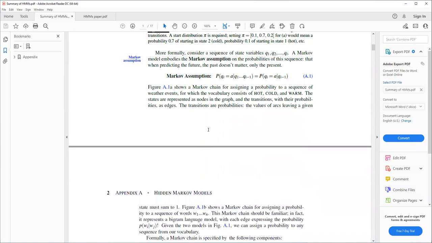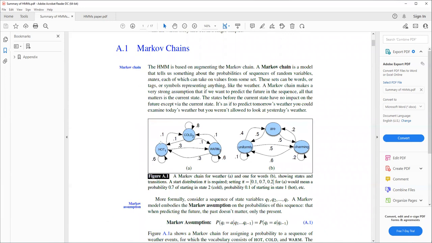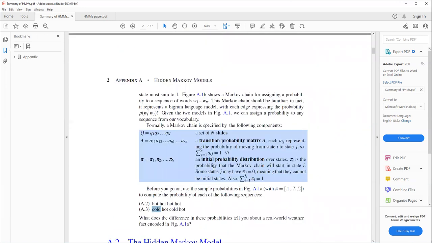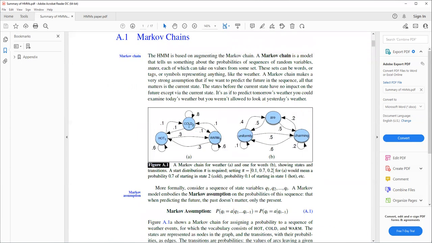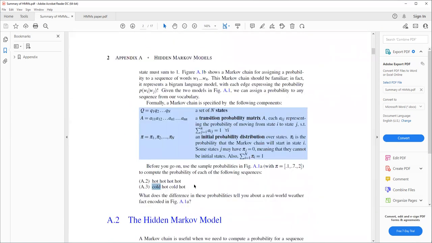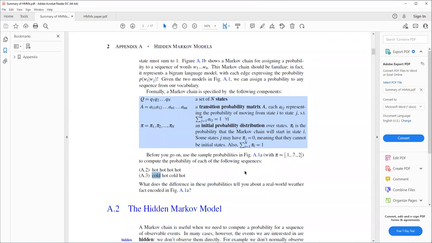Then going to hot weather is 0.1, and then going from hot to cold is again 0.1, and again 0.1, and again 0.1. So we start with the cold day, which is 0.7, multiplied with 0.1, with 0.1, and with 0.1. So these are the different things.